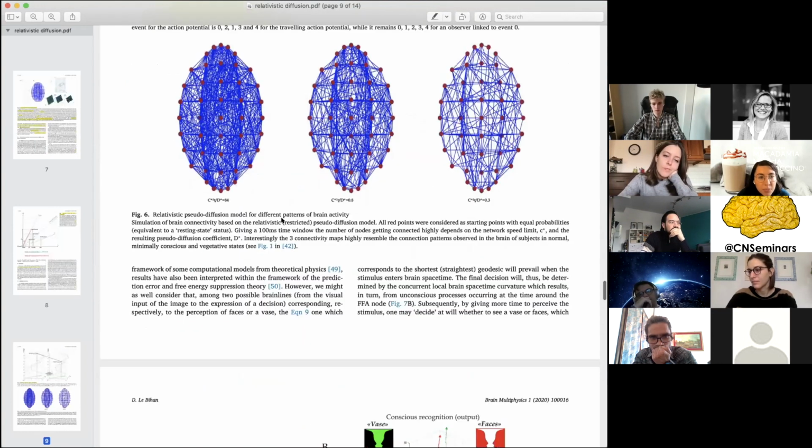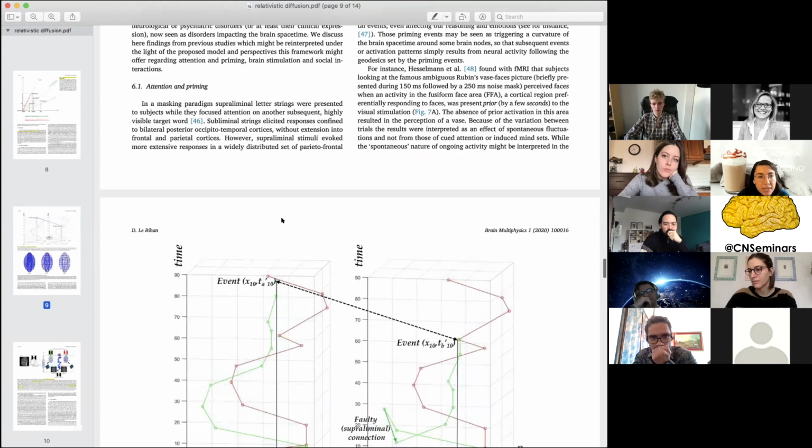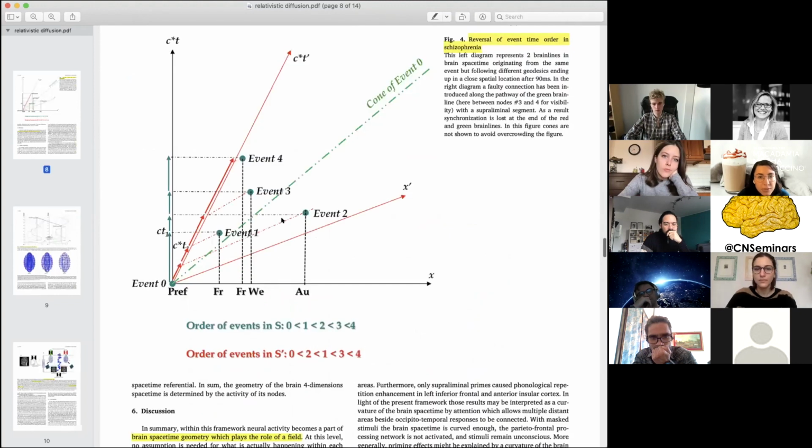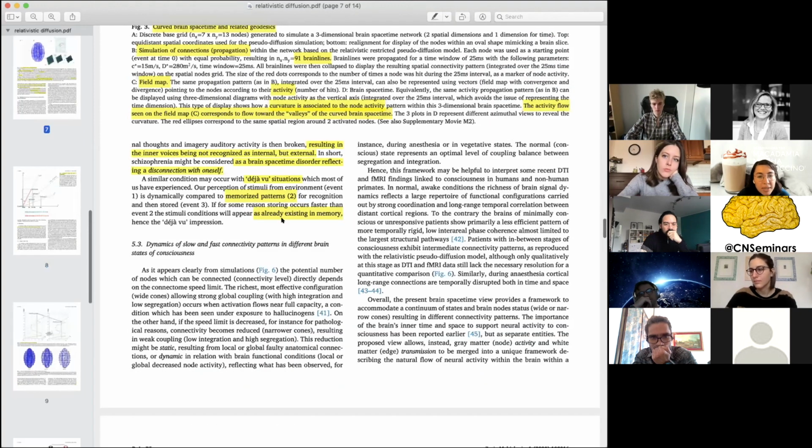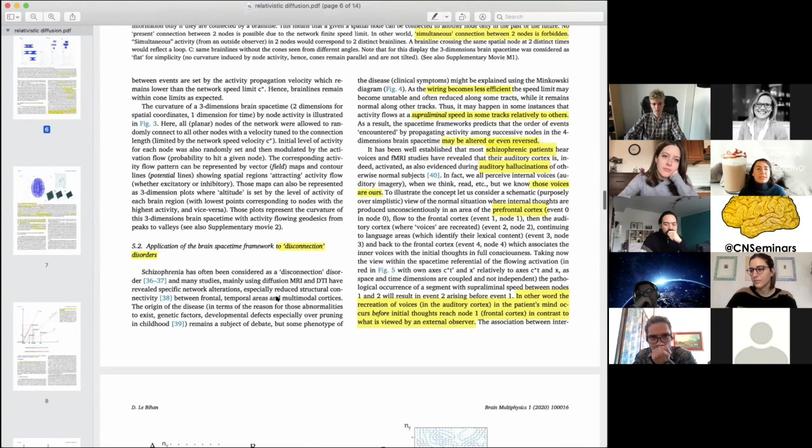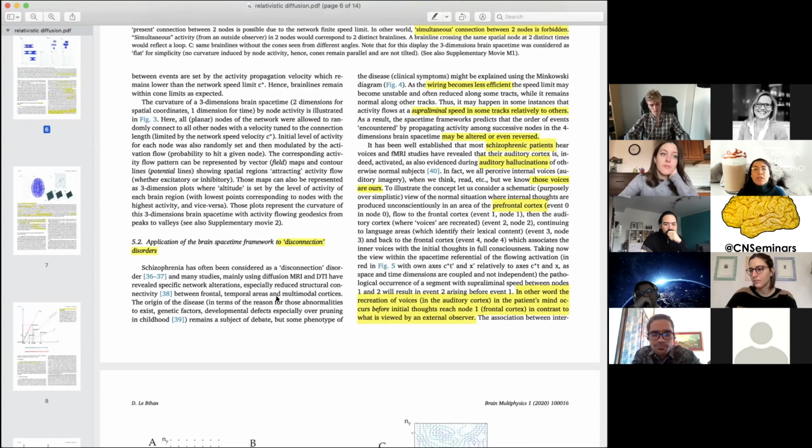So for example, there was a nice description here about disconnectome disorders. If we are also considering time, a disconnection is not just that there is no connection between two brain regions, but maybe this connection has a synchronous time, like a chronology, that can give problems.